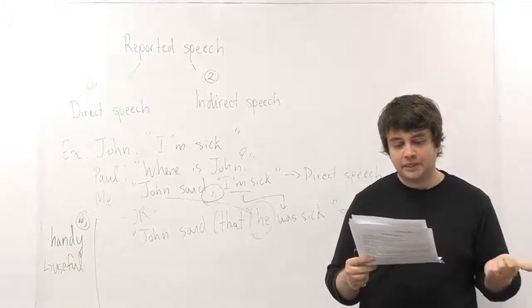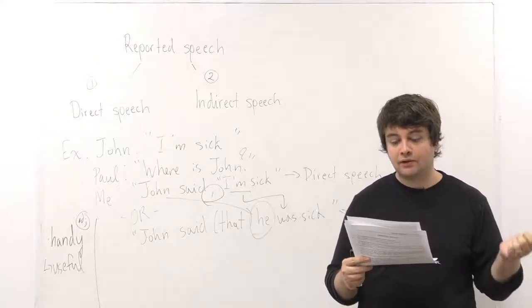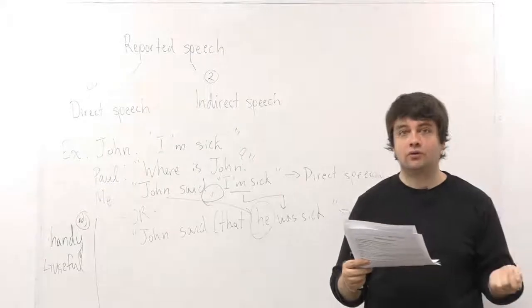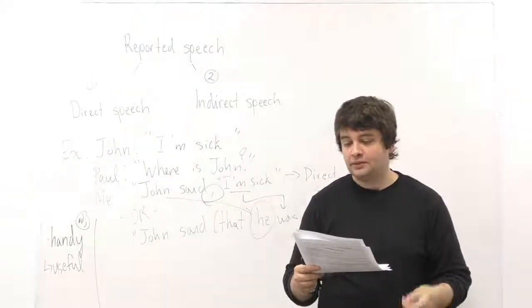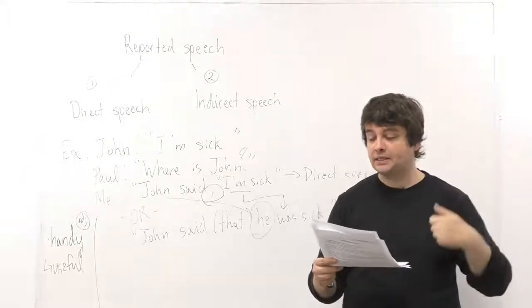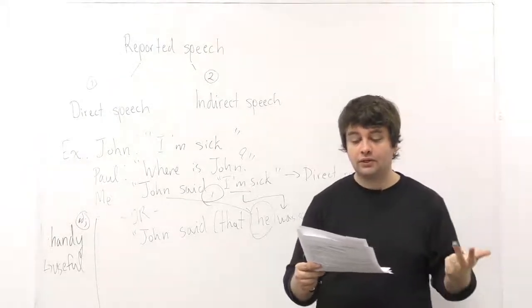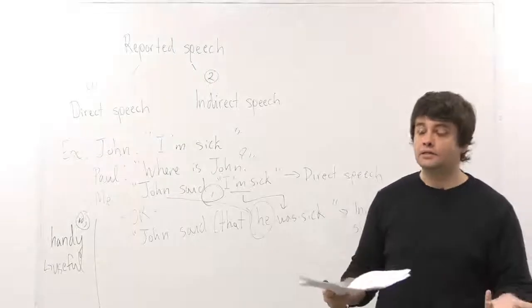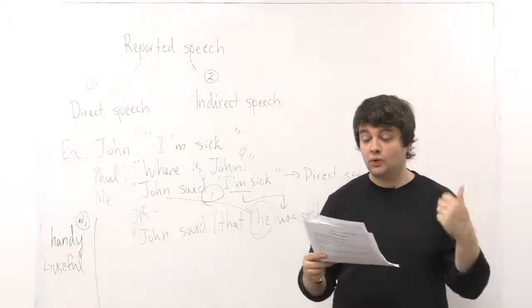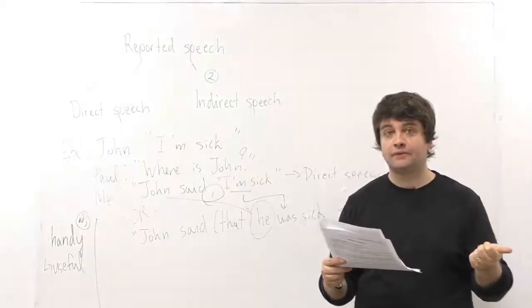Now, B here says, if the introductory verb is say, it must be changed to a verb of inquiry, of question. So say must be changed to things like ask, wonder, want to know, etc. This is important. Now let's look at an example here. He said, where is the station? Right?